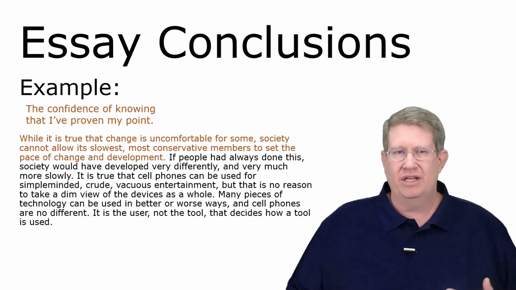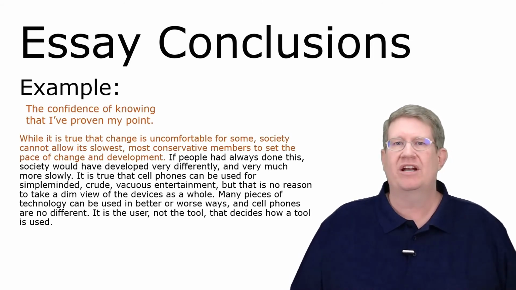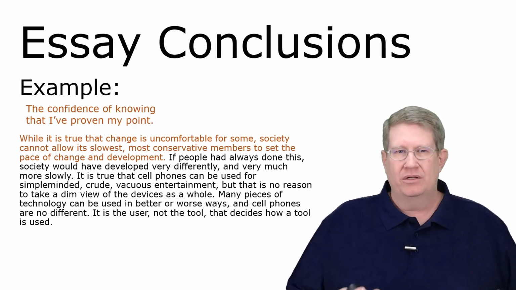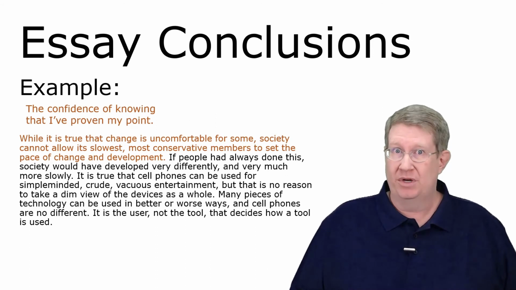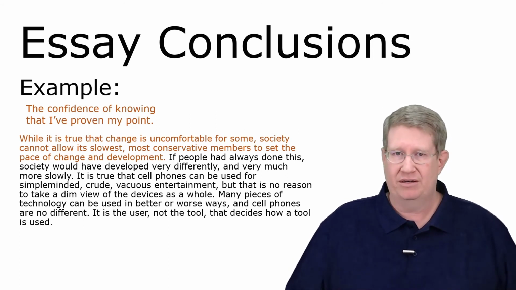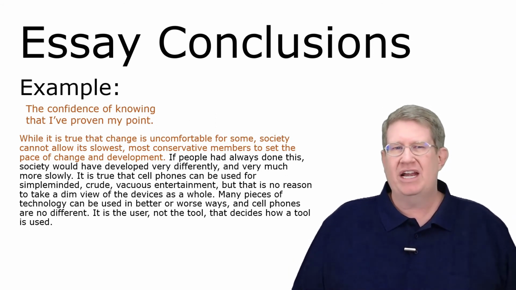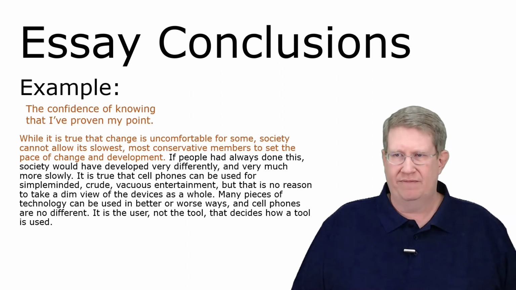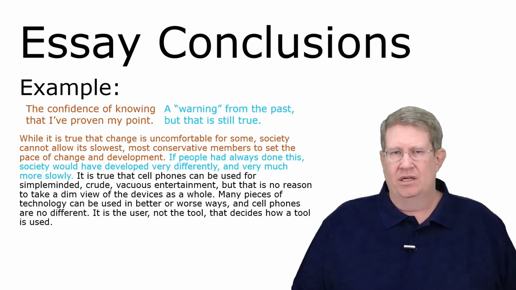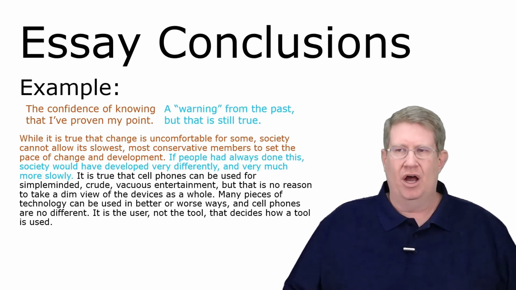So I'm going to start here, and this is the confidence of knowing that I've proven my point. So while it is true that change is uncomfortable for some, I'm assuming this now because I've explained these ideas, society cannot allow its slowest, most conservative members to set the pace of change and development. So this is now kind of a warning from the past.